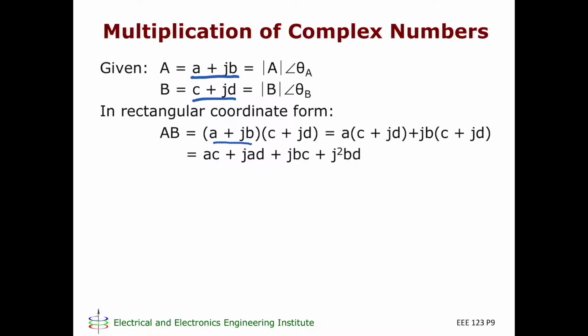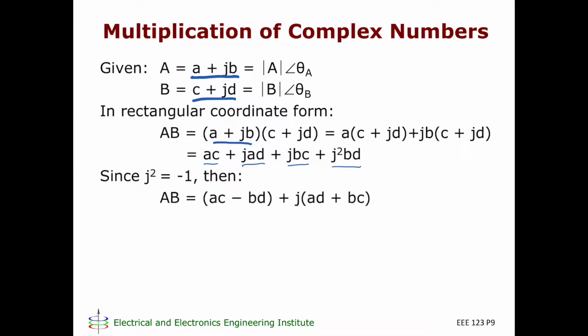And we are going to generate the following terms: a times c, a times jd, jb times c, and jb times jd. So that's AC, JAD, JBC, and J squared BD. But J squared is negative 1. So putting together the real terms, that would be AC minus BD, and putting together the imaginary terms, that would be AD plus BC.